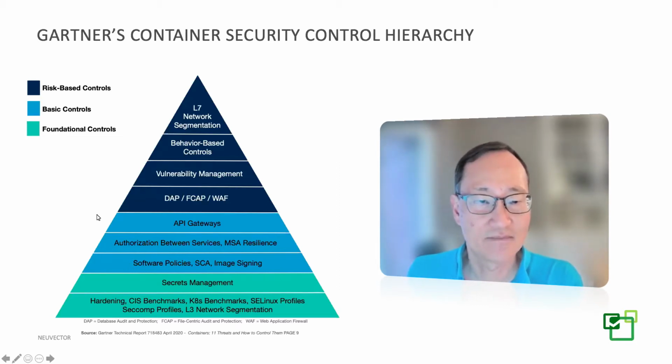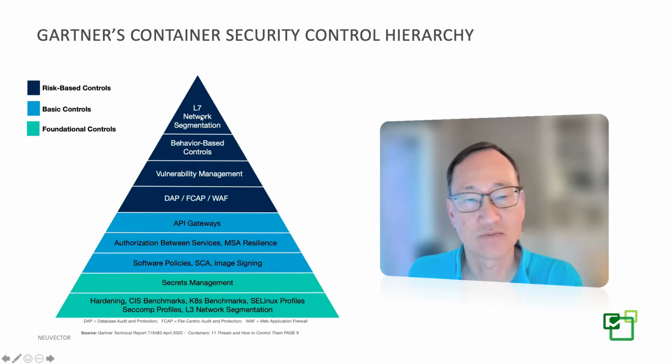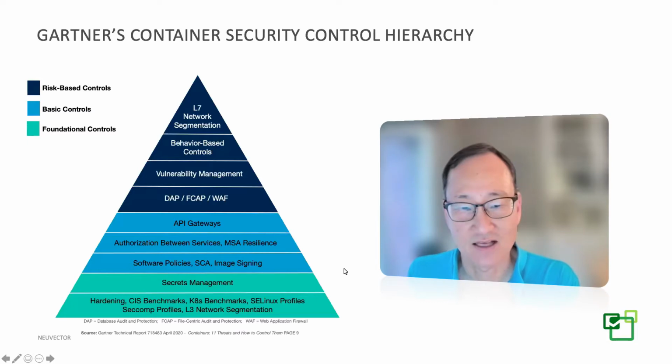And the top dark blue sections are really some of the most critical, especially if you are protecting sensitive data or if you have a business critical application that just can't go down. There are foundational controls, which are your basic core things that you need to have in place. And then there's also basic controls, which just assume signing and passwords and things like that.